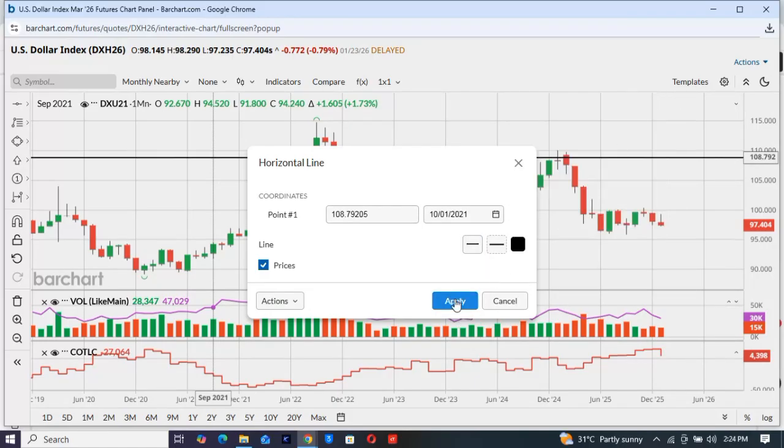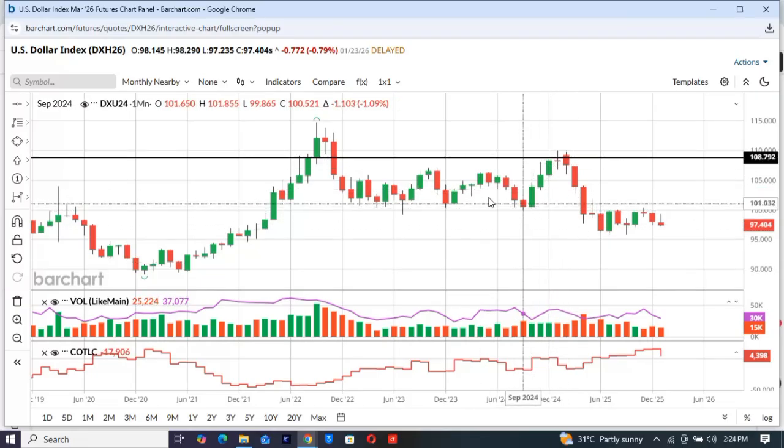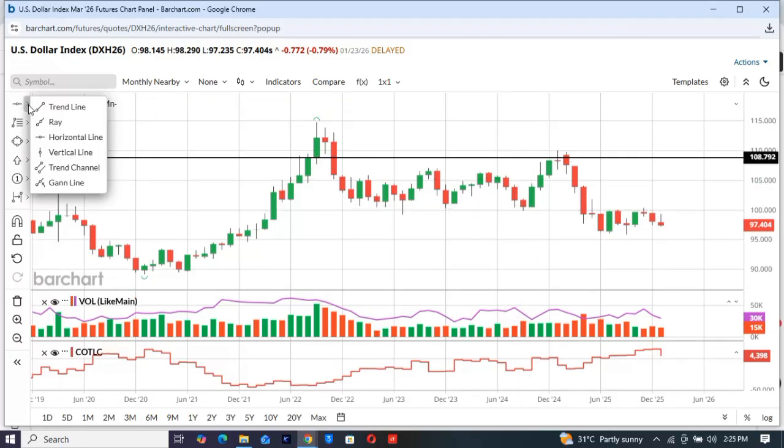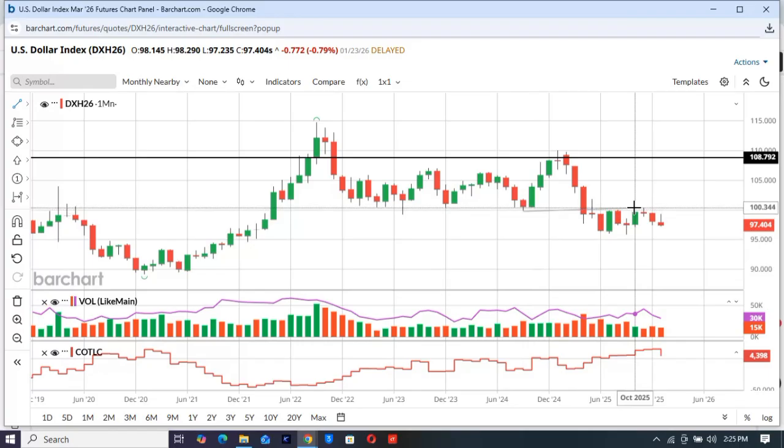Now, price reached for this here and began to decline. Apart from that, we see price is also in a breakout down over here, a trend line breakout here.